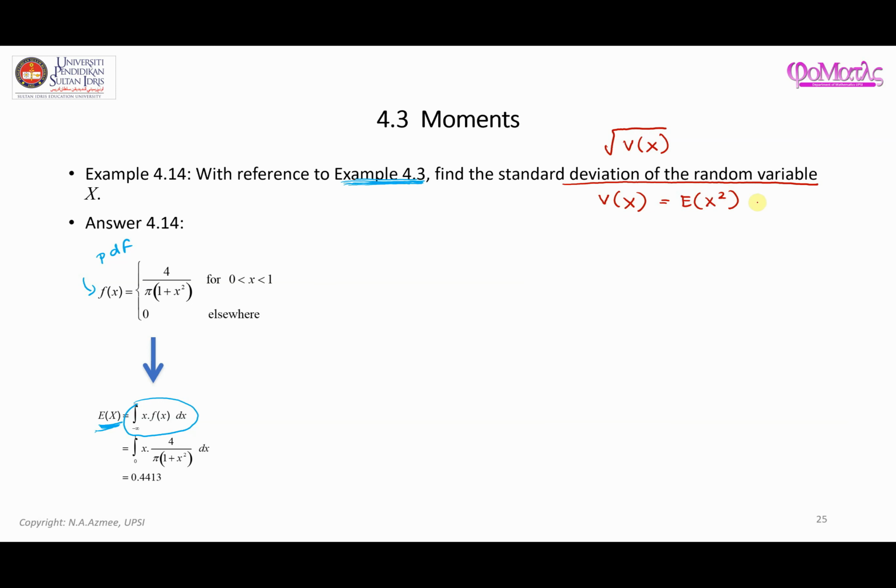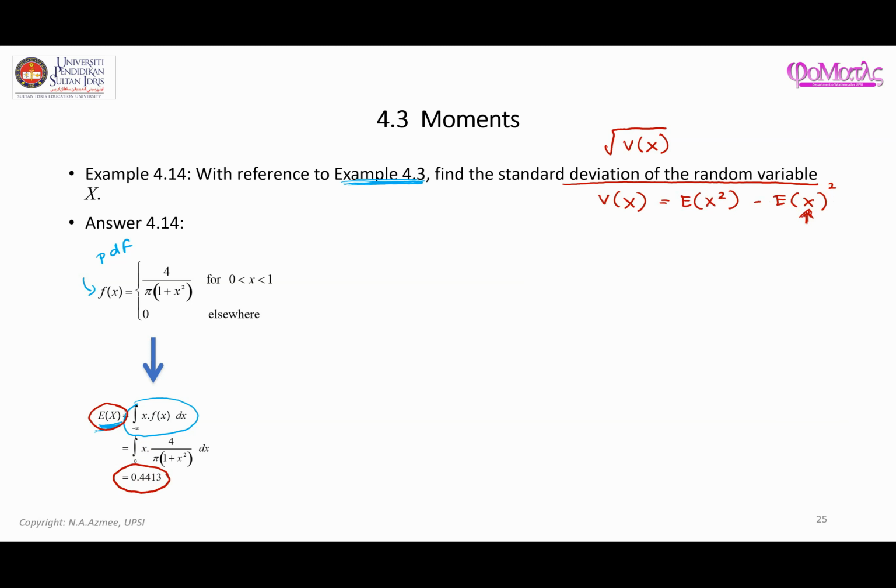So E[X squared] minus E[X], and you're going to square that value of E[X]. Now, bear in mind that the result of E[X] has already been obtained right here. So we can just plug in the value right next to this position, and you're just going to square it later.